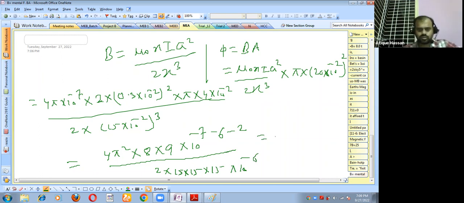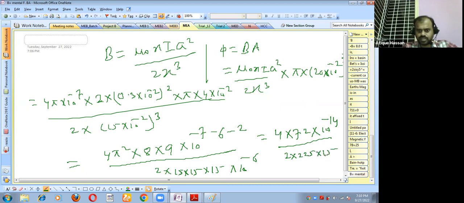So now 4 into 72 into 10 to the power minus 10, pi square we will take as 10, divided by 2 into 225 into 15 into 10 to the power minus 6.